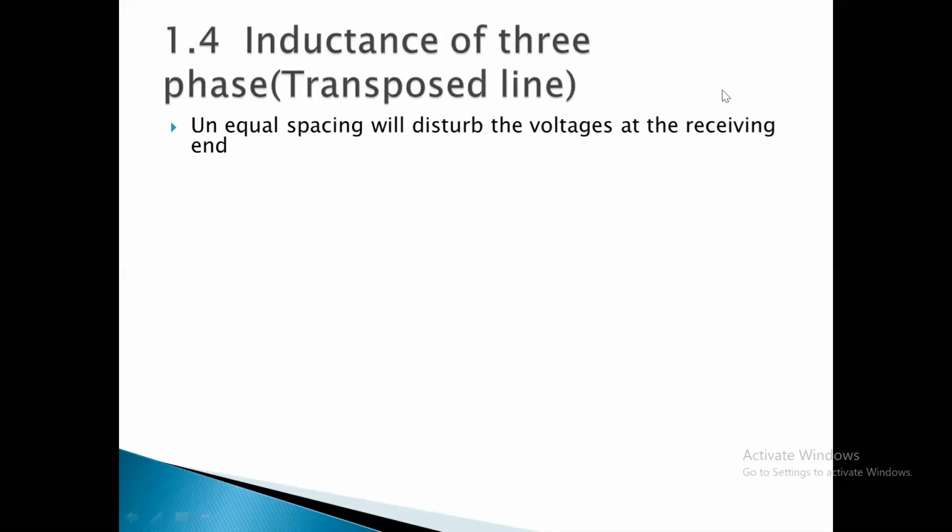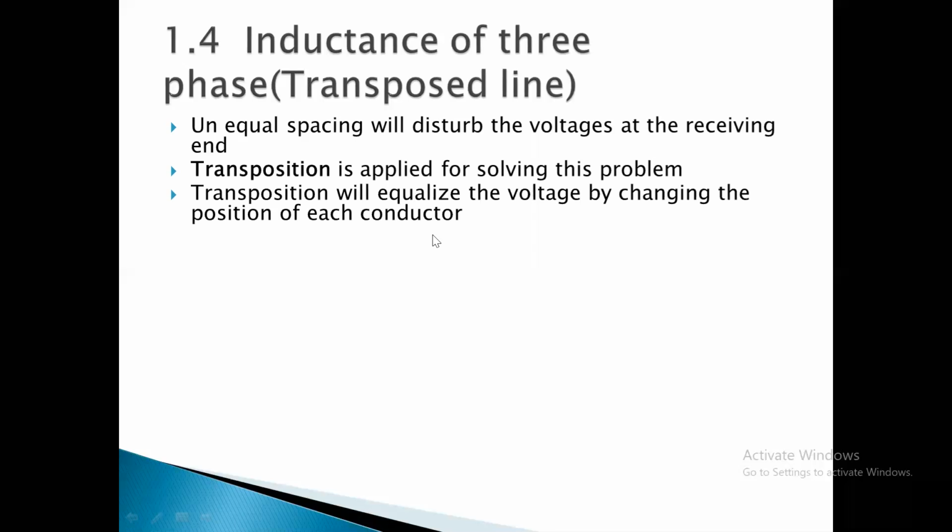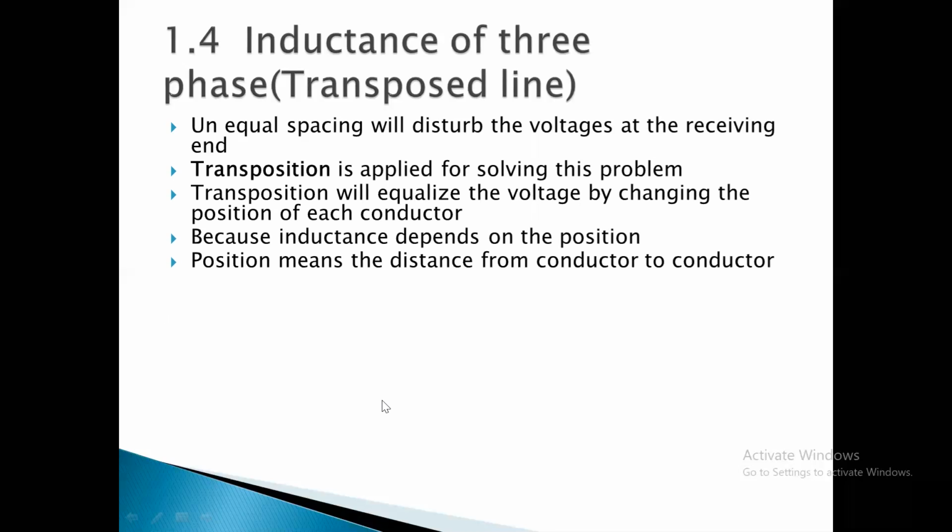This transposition is done to avoid the voltage disturbance at the receiving end. It will equalize the voltage if we transpose each conductor, because inductance depends upon position, and position means the distance from conductor to conductor.